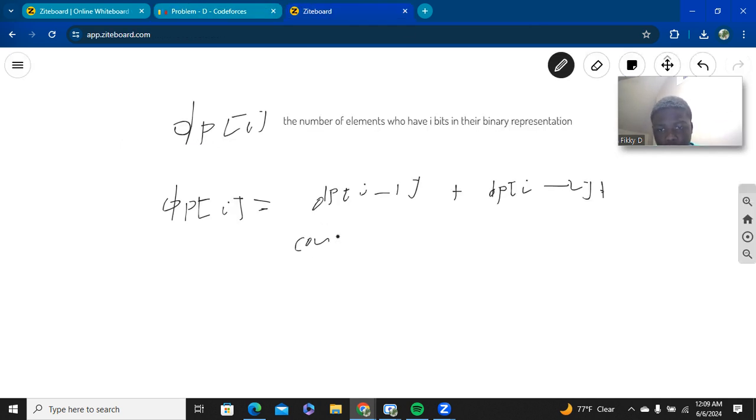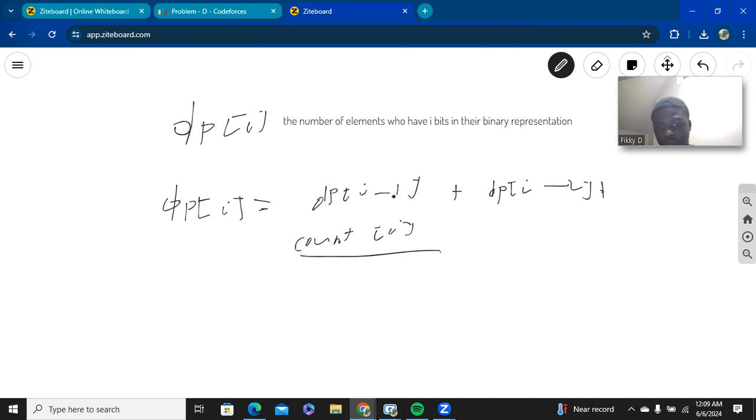So count i is the count of elements in A that are i bits long. Then you just run this for loop from 0 to n.